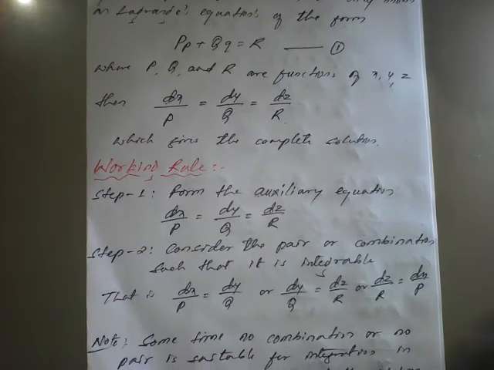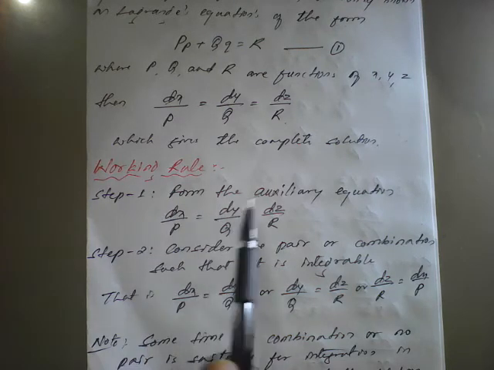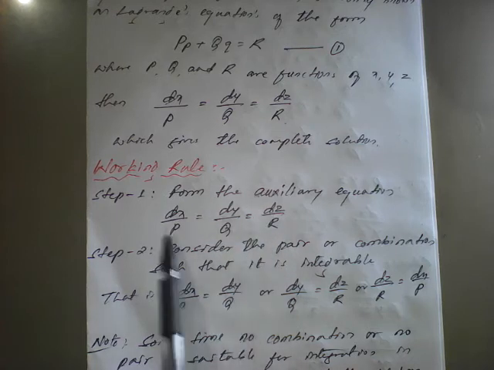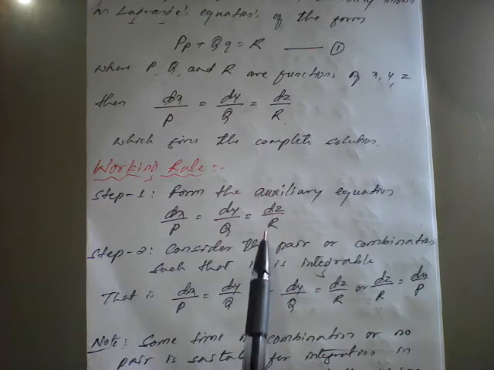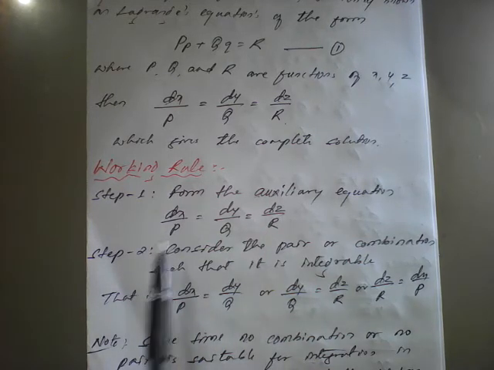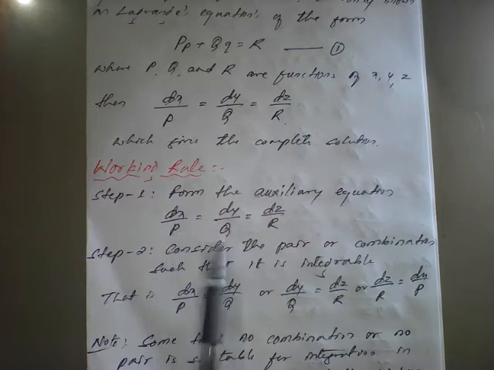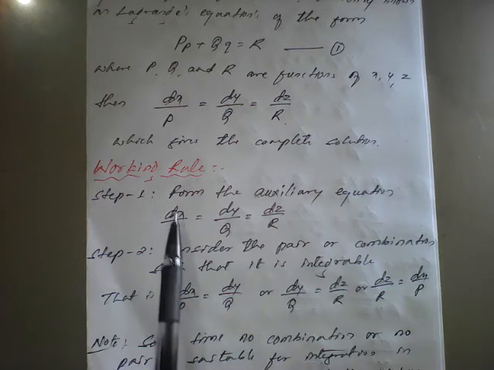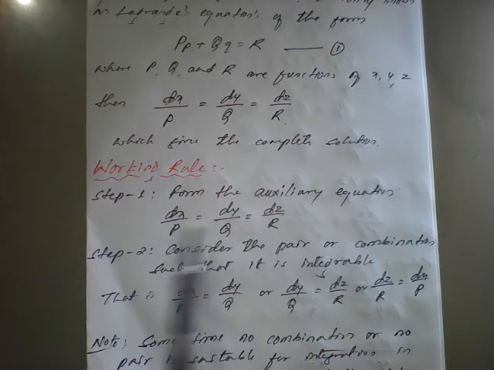So what is the working rule of Lagrange's linear partial differential equation? First, they will give an equation, and we need to convert it into the form dx upon P, dy upon Q and dz upon R. Once we convert, we need to choose any two pairs. Choose pairs in such a way that they are easily integrable.